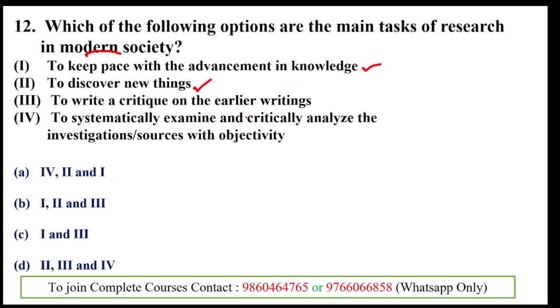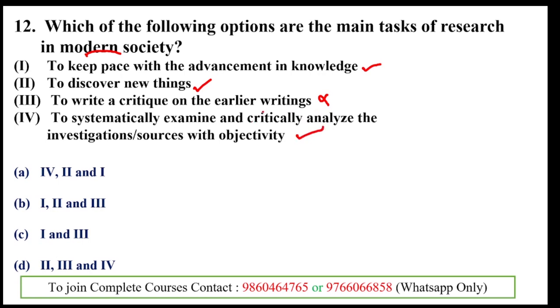To write a critique on the earlier writings, that's wrong. Research is not meant for writing a critique of earlier writings. It is only to advance the previous knowledge, not a critique. Clear? And to systematically examine and critically analyze the investigations or sources with objectivity, that's also right.